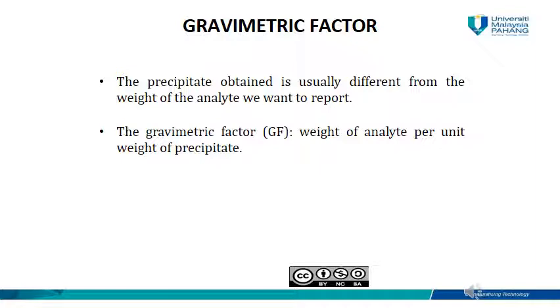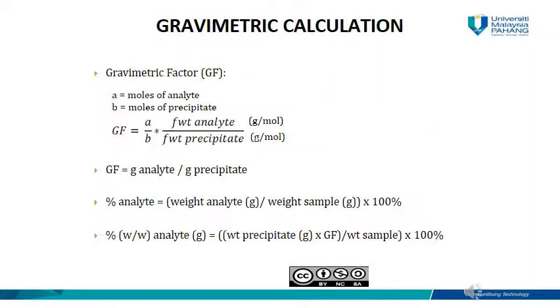Basically, the analyte is the compound that we are looking for. The precipitate is the solid form that is produced after the chemical reaction happens. So this is the formula involved in calculating the gravimetric factor.